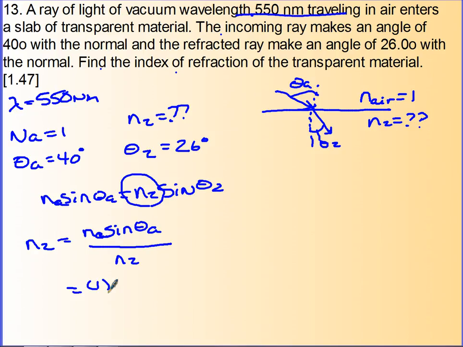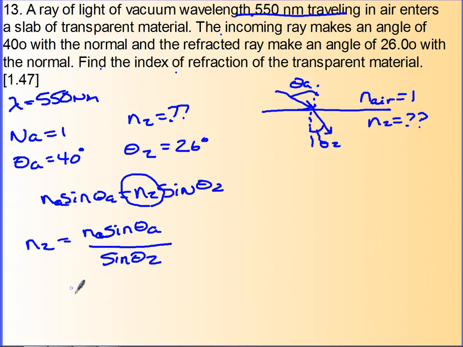N of air is 1 sine of 40 divided by N. Crud. I messed up. Y'all didn't stop me. Goodness gracious. Let me erase this. Okay, I'm solving for N2, so I've got to divide through by sine theta 2.